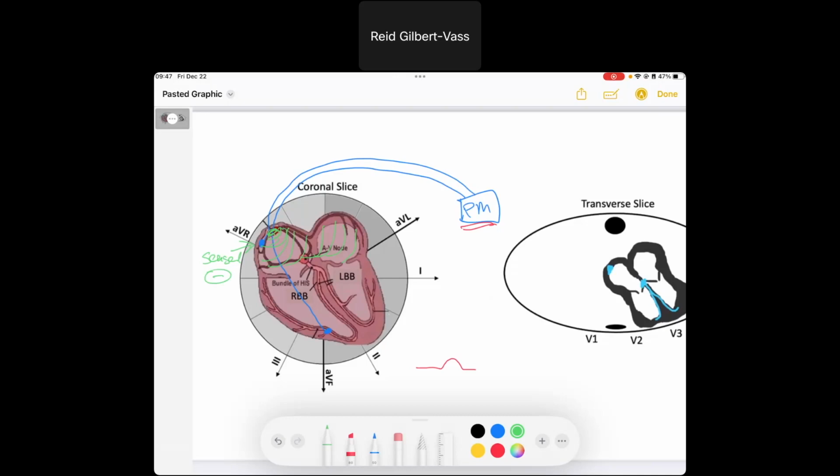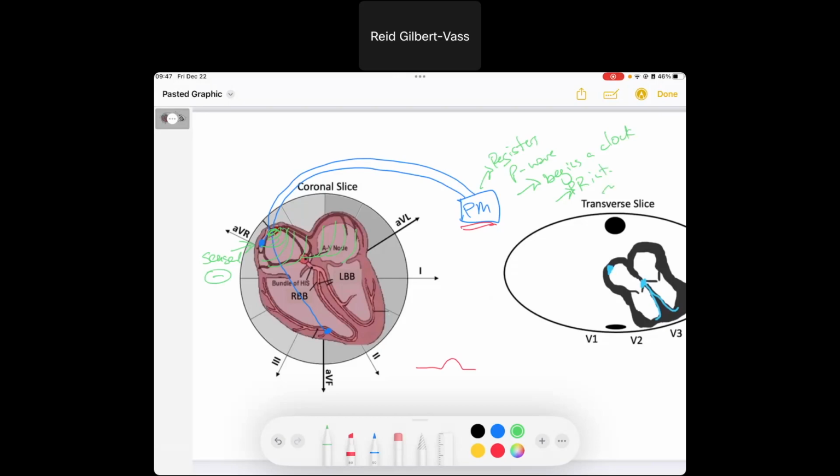And so what happens is the pacemaker registers that P wave, and then it begins a clock or a timer. And that clock or timer is set to be what a typical PR interval would be.